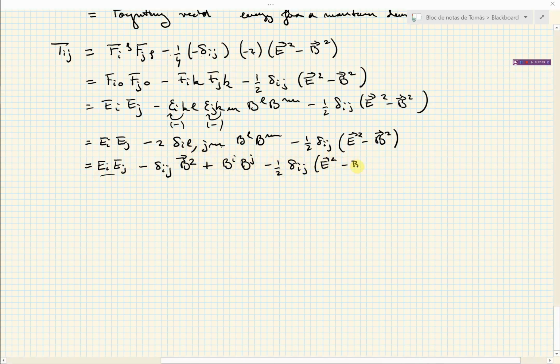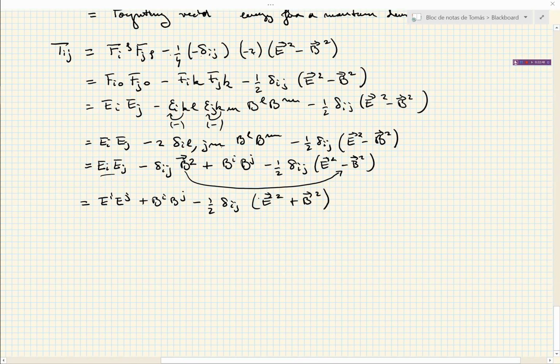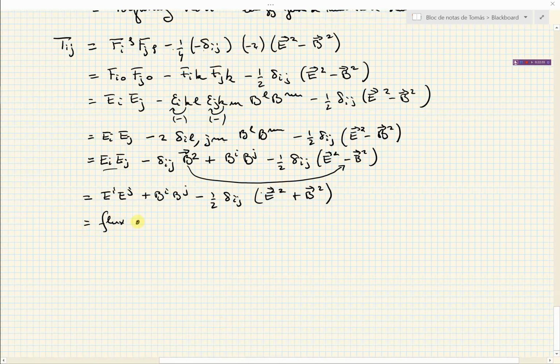E squared minus B squared, so this combines with this term, and we get EiEj plus BiBj minus half delta ij (E squared plus B squared). Okay, and the meaning of this term is that it is the flux of momentum. And here I refer always to three-dimensional momentum.